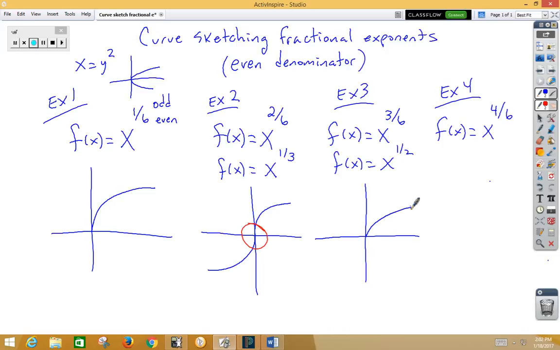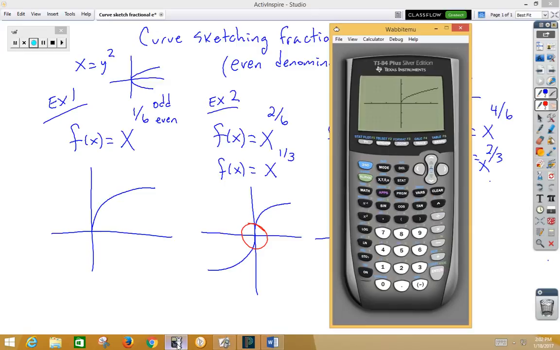Well, so let's continue and see what's going on. In example 4, now we've got f of x can be reduced, 4/6 becomes 2/3, x to the 2/3 power. Well, now notice we have an odd denominator and an even numerator. So again, it's important to have accessed the odd video first.